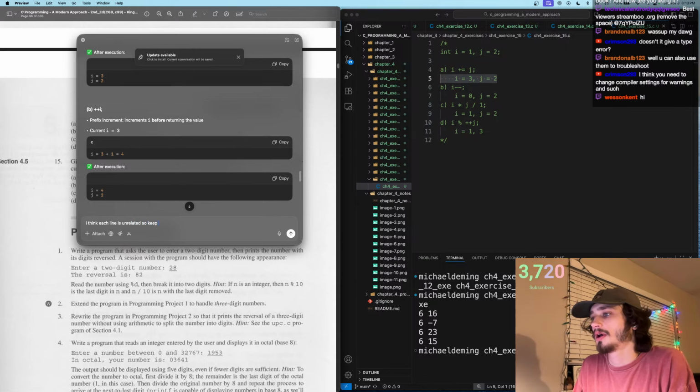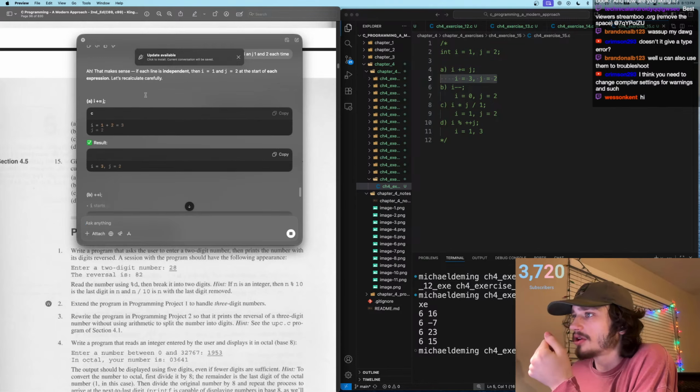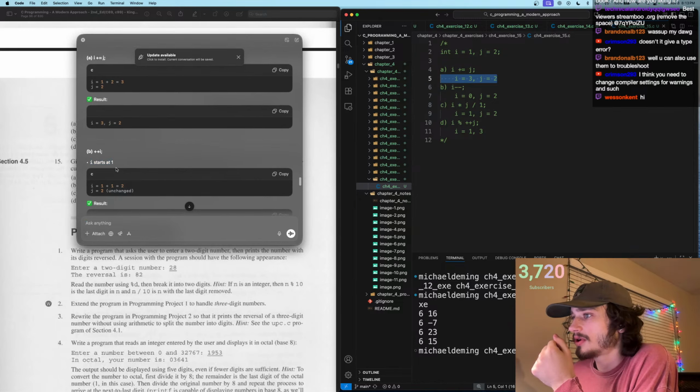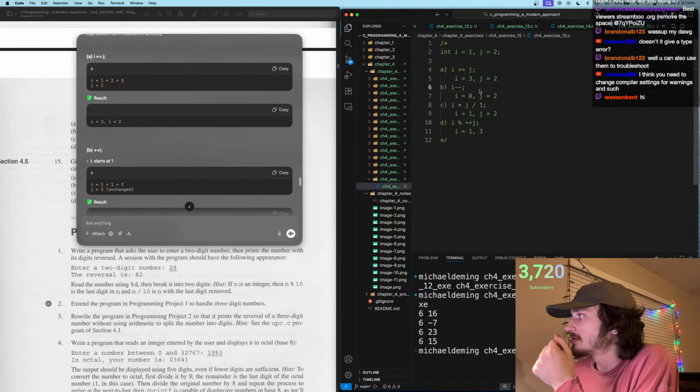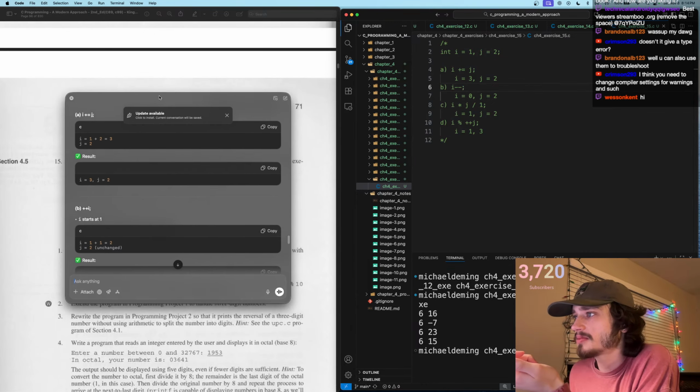So keep I and J 1 and 2 each time. Okay, so I in A would be 3 and 2. Perfect. In this one, I starts at 1 and becomes, oh, is it plus plus I? Oh, it's minus minus.